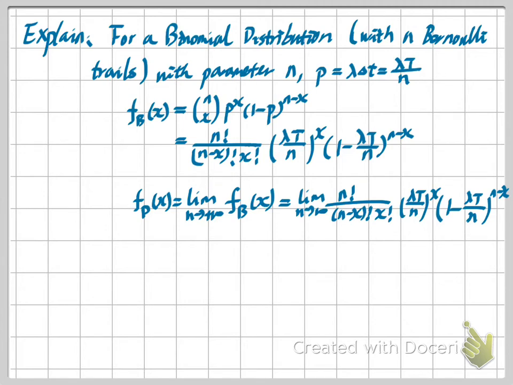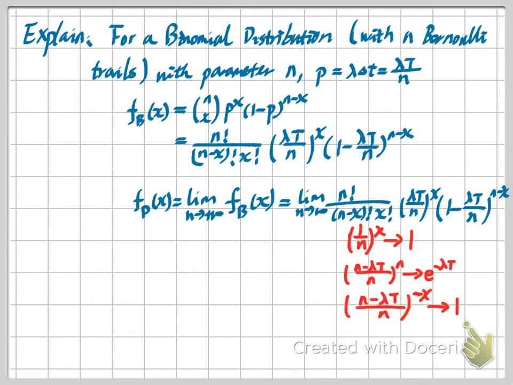So the idea is what we will use here. We will use the 1 over n to the x term. Because our x is a constant number, this will go to 1 when n goes to infinity. The second thing is that 1 minus lambda t over n, to the n power, will go to e to the negative lambda t.